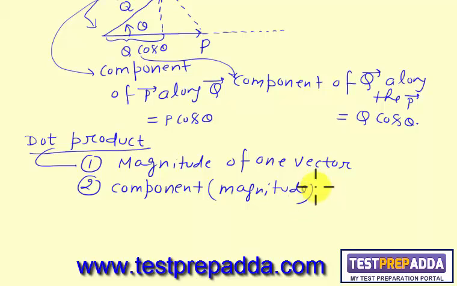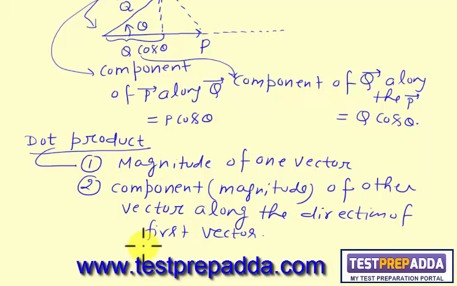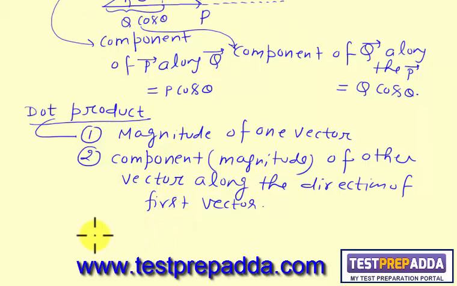Because vector P dot vector Q was P into Q cos theta.